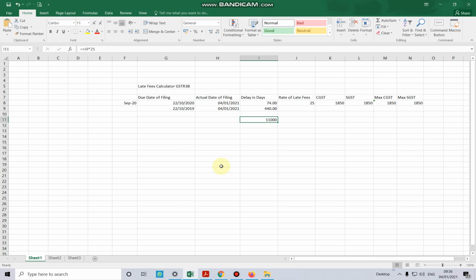So 11,000 for CGST and 11,000 for SGST. But since there is a capping of maximum late fees under CGST and SGST in law, that is 5,000 rupees, we are required to pay only 5,000 rupees CGST late fees and 5,000 rupees SGST late fees. So this is how you calculate the late fees under GST law.